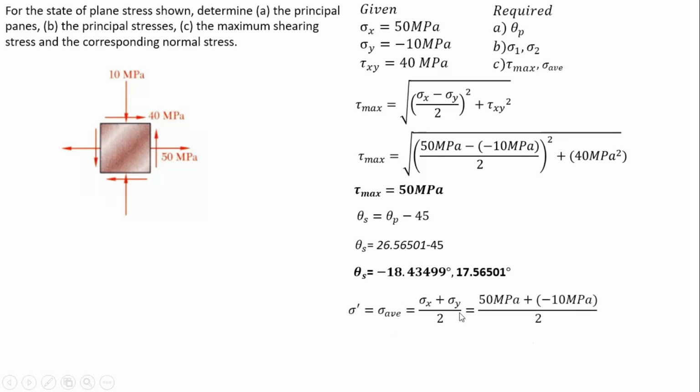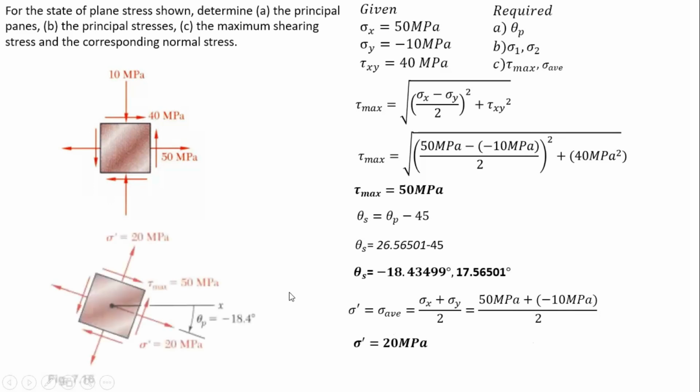Sigma x plus sigma y over 2, we substitute our given, so 50 minus 10 over 2, and our average stress is equal to 20 megapascal.